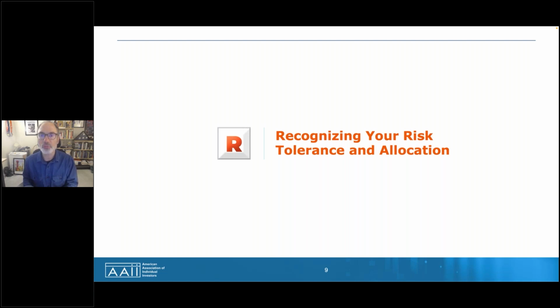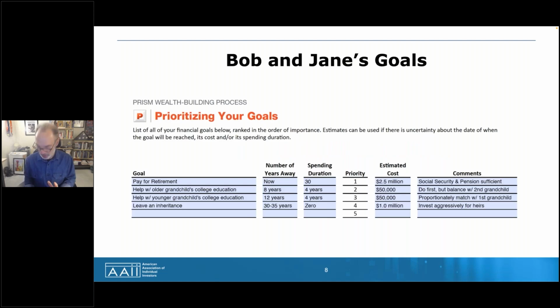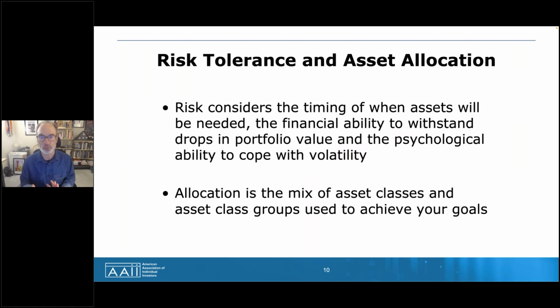So let's start off. Once you know your goal, the first question is, well, how much risk can you take and what should be the proper allocation for your goals? Now with risk, you need to think about, again, when will you need to withdraw money from your portfolio? What's your tolerance psychologically to handle volatility between now and then? And then once you hit that spending duration, what is it?